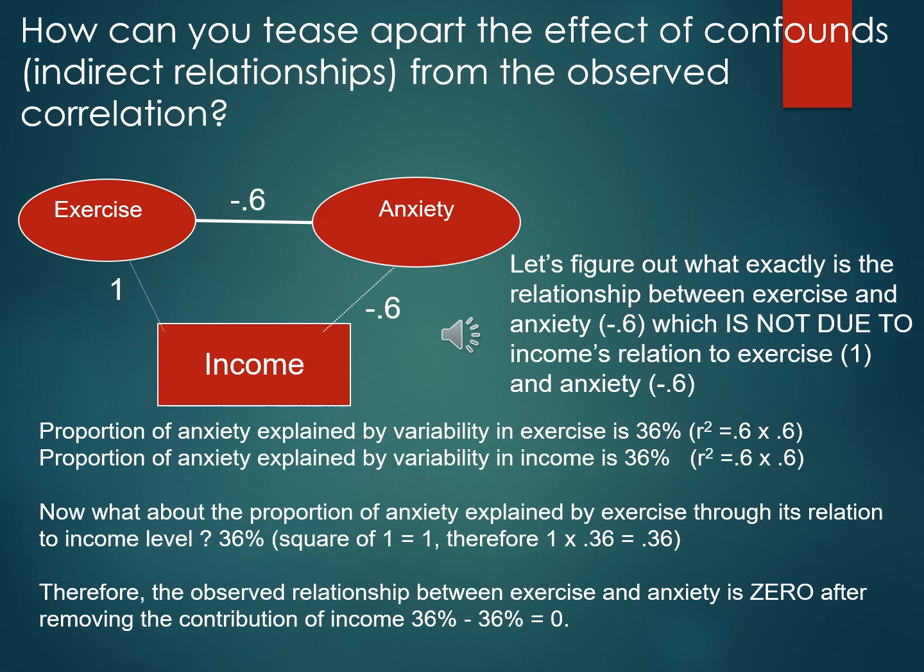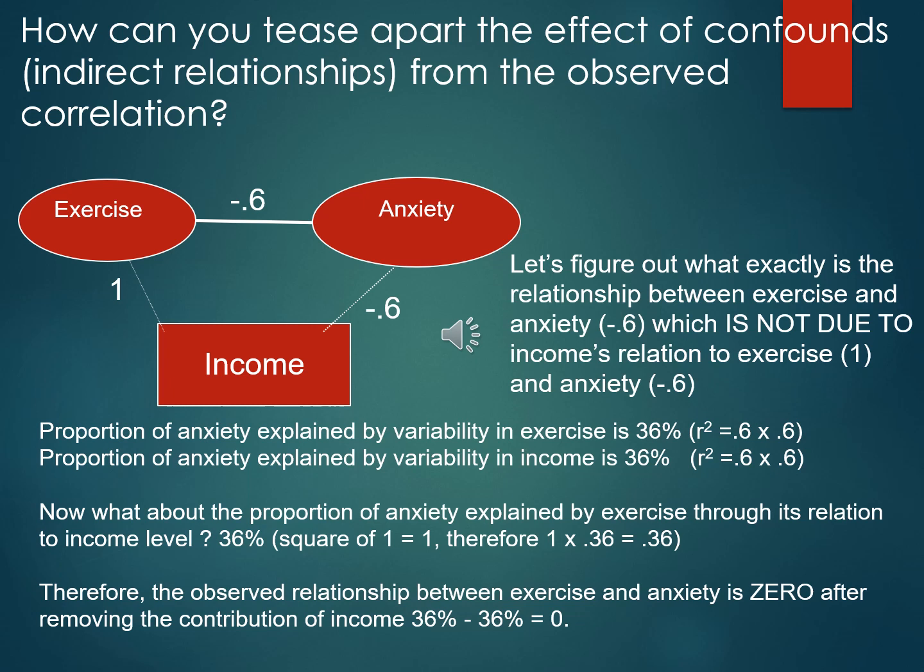Okay, so now what about the proportion of anxiety explained by the exercise through its relation to income level? That's 100% of 36%, so therefore 36%.